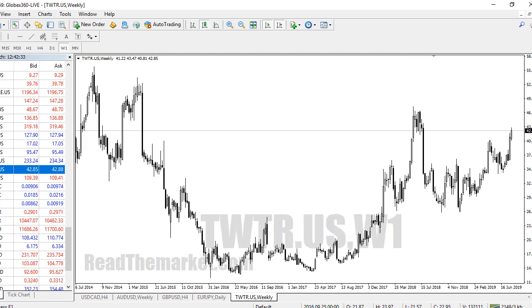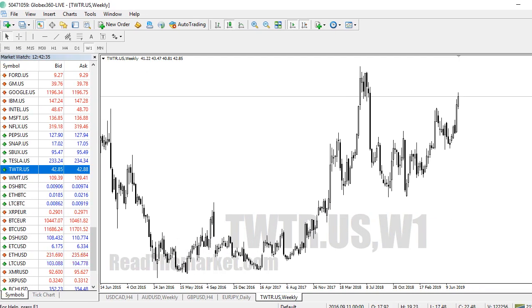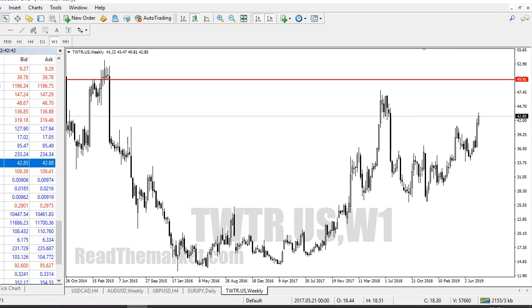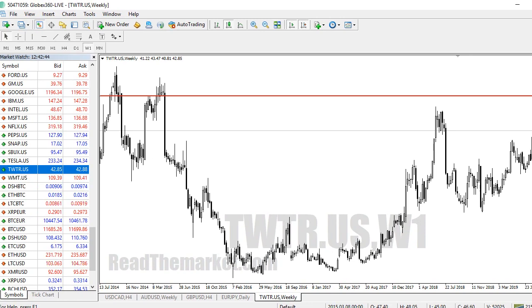But anyway, let's make things even nicer. I just want to look at the left hand side for clues. There it is, nice one. As you can see here, there you have it. There's the shoulder, and then there's the head.